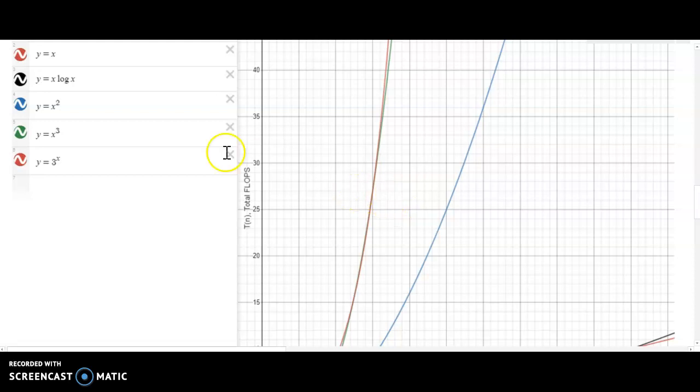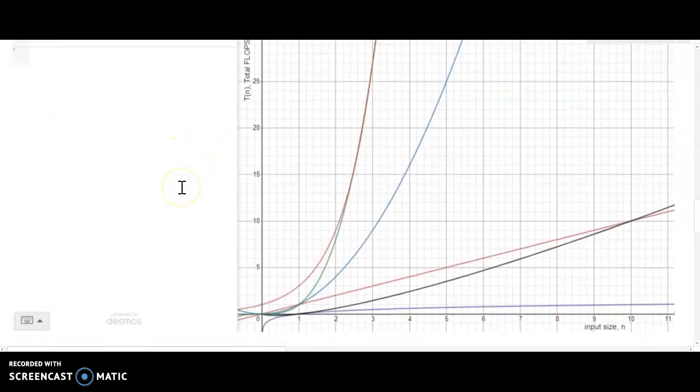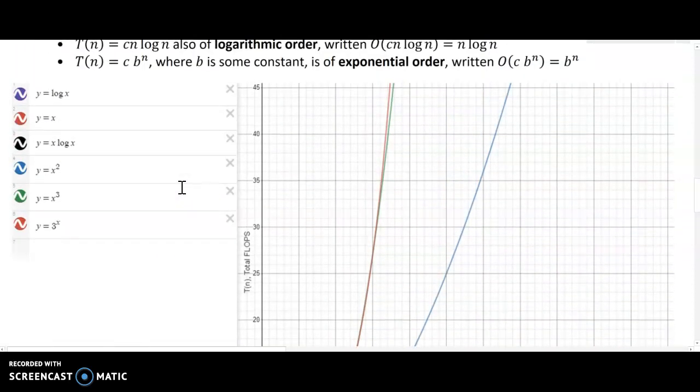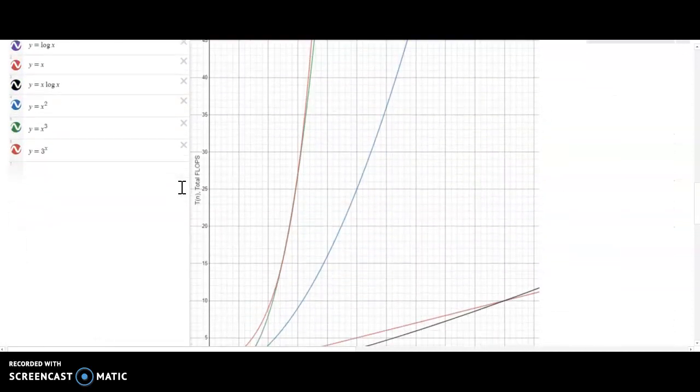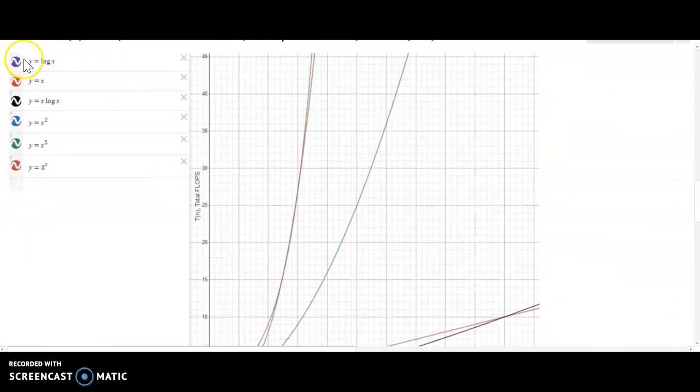And what we want to emphasize here is certain functions will grow more rapidly than others. So in this, we actually have arranged from fastest, or most efficient, to least efficient. So I'm going to write that right up here.